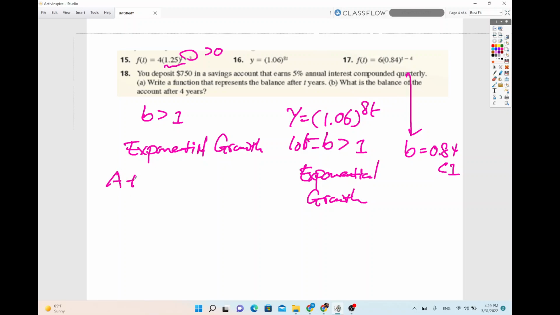We have two formulas for compound interest. One is A of t equals P times the quantity 1 plus r over n, to the power of nt. Here r is the interest rate, and the 1 is always guaranteed, that's 100%. And n is the compound period.